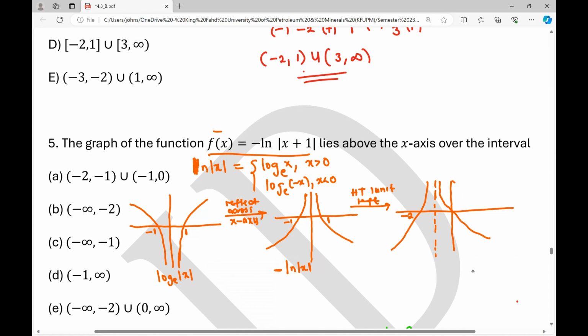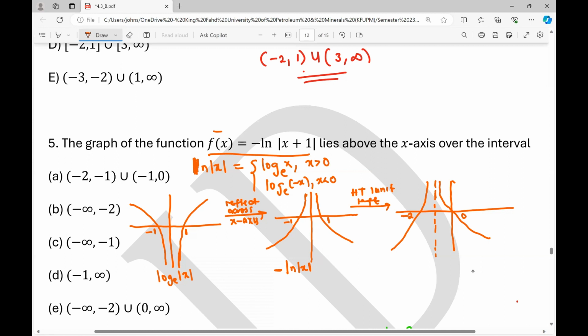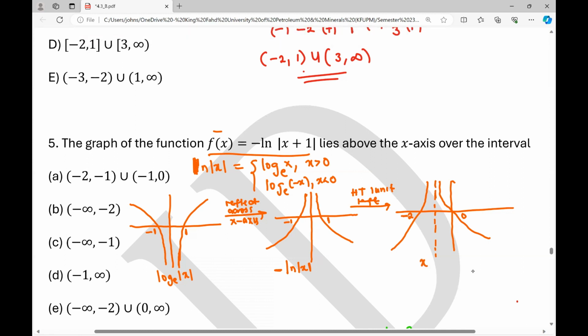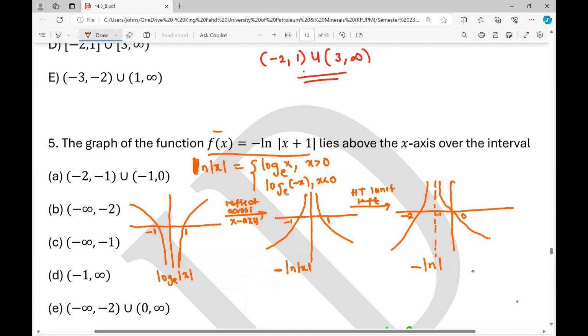So here is -2, here is 0. Our vertical asymptote is x equals -1. So the whole of this is the graph of minus ln absolute value of x plus 1.